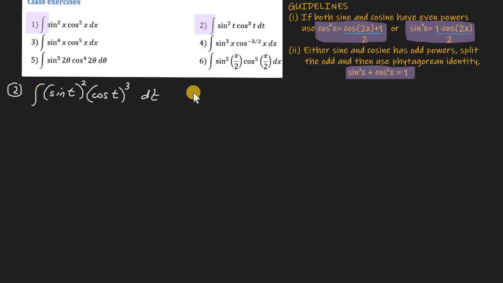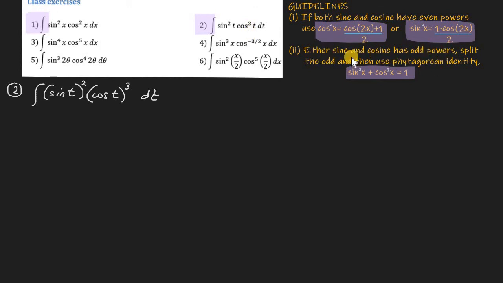Okay, next let us compare work for question number 2. We do it together. Here we see a sine power even number, and we see cosine power odd number. So how to do that?